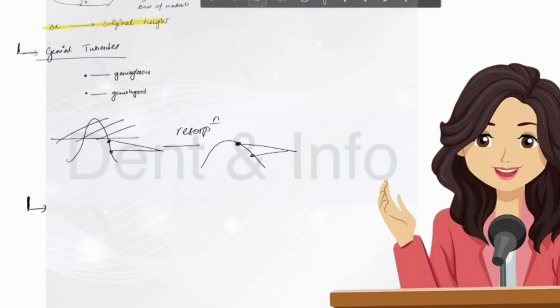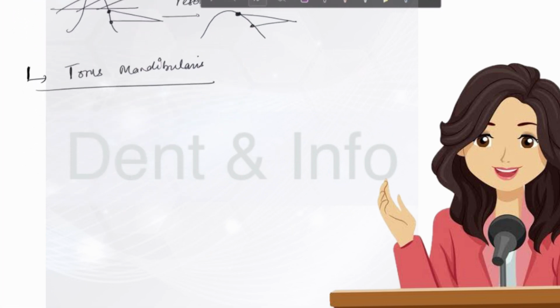Third important point that we need to read or understand is about torus mandibularis, which we see very commonly in mandible rather than seeing a torus in maxilla. So what do you mean by torus exactly? Torus is an exostosis of bone. That is called a torus or tori, right?